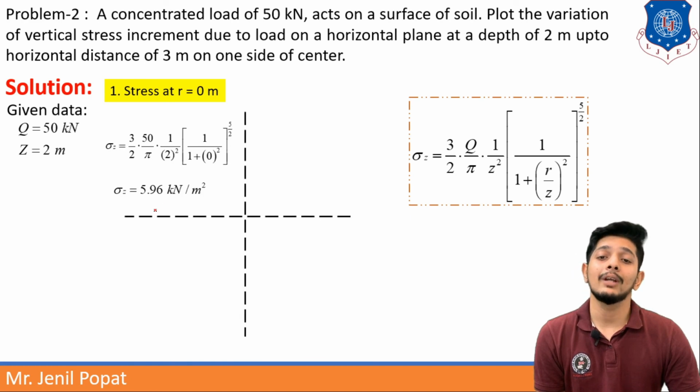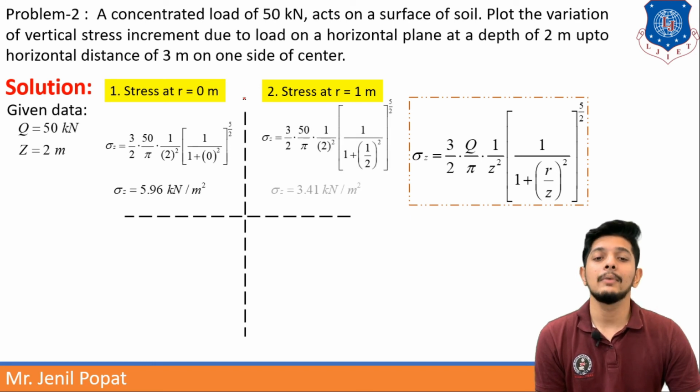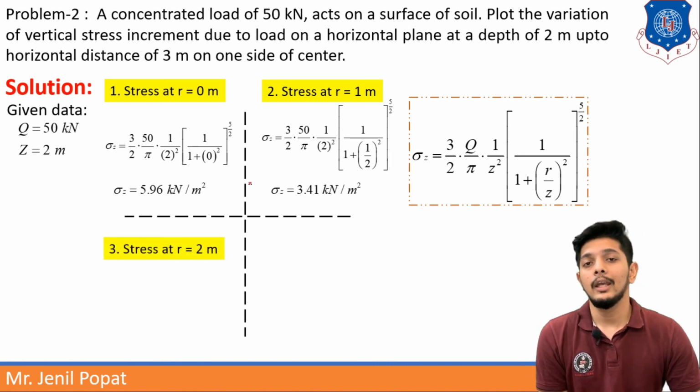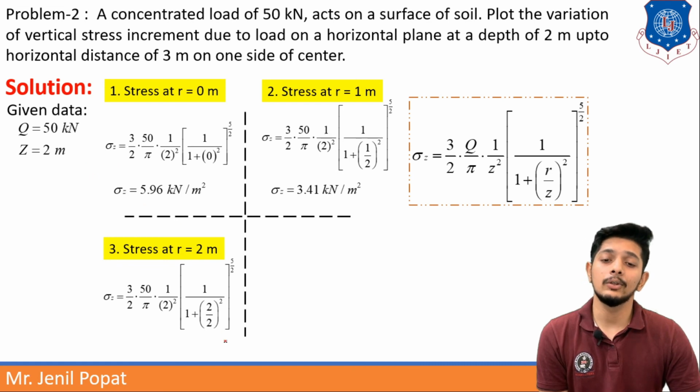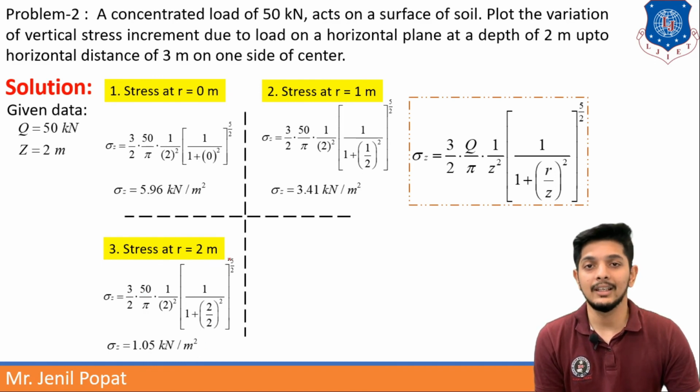Now if I put r equal to 1 meter, as I am told to find up to 3 meter, in the same equation with q 50 and z 2, I am getting sigma z as 3.41 kilonewton per meter square. Now the value has decreased. Let us move further to r equal to 2 meter, and I am getting sigma z as 1.05 kilonewton per meter square. You can see that it has decreased further.